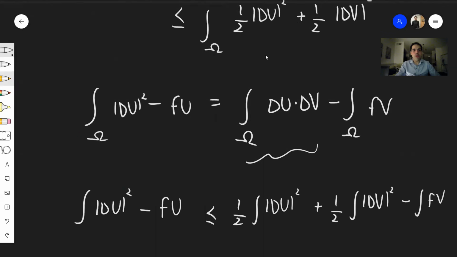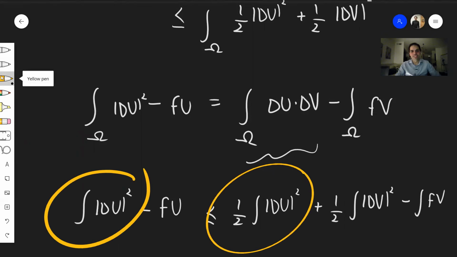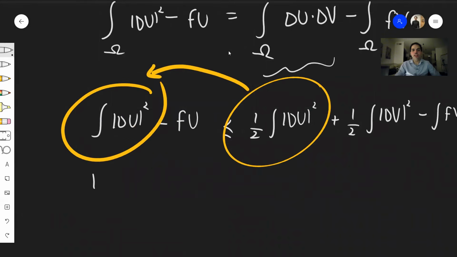All right, and then we're almost done. So here's a cool thing. And again, it's almost magic. Those energy methods, it's always like magic here, because here we have |du| squared, here we have 1/2 |du| squared. If you put this here, you basically get 1 minus 1/2 of that, which is just 1/2 of this.